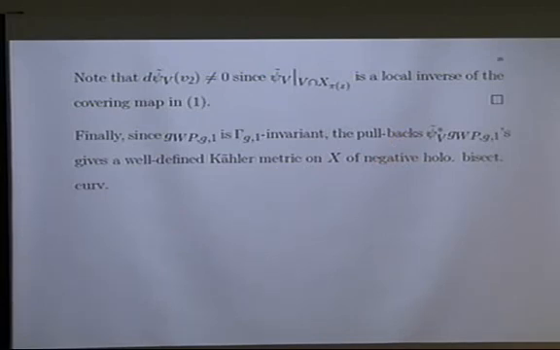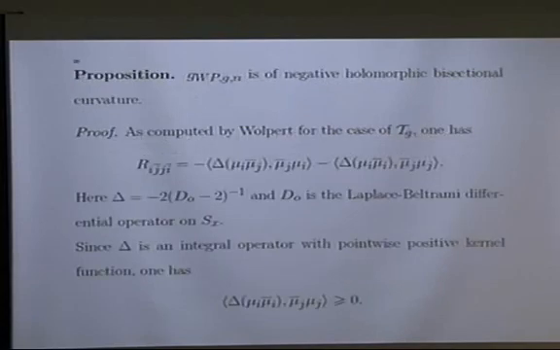I will just skip that. You can generalize Wolpert's construction here to see that the Weil-Petersson metric is of negative holomorphic bisectional curvature.